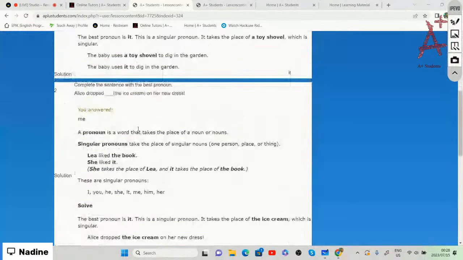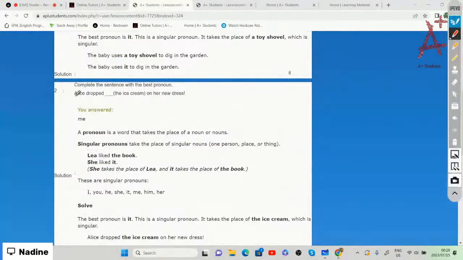All right, we're going to the next one. Alice dropped the ice cream on her new dress. So we need to replace the ice cream with the correct singular pronoun. So it's either I, you, he, she, it, me, him, or her.